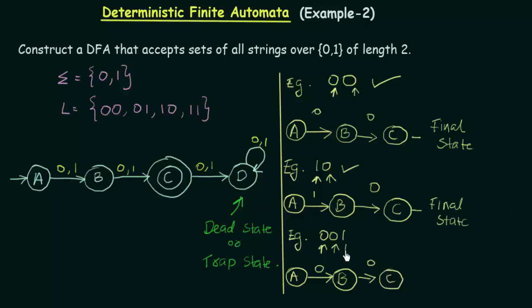And I have one more input here, which is 1. I'm in state C, and when I get input 1 in state C, it goes to state D. Now I have reached the end of the string. I am in state D. Is D the final state? No, there is no double circle here. That means D is not the final state. So 0, 0, 1 is not accepted.